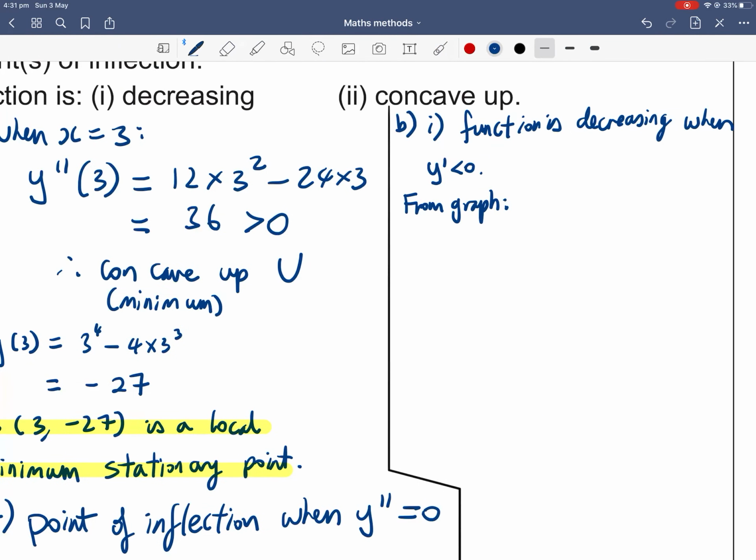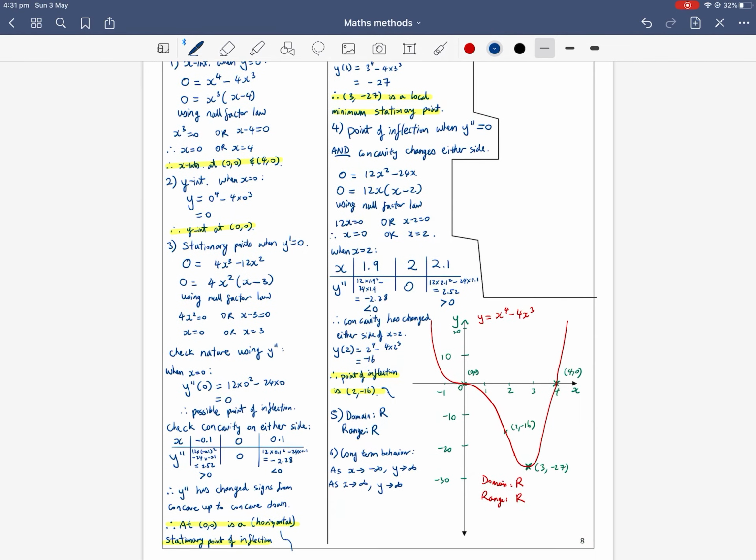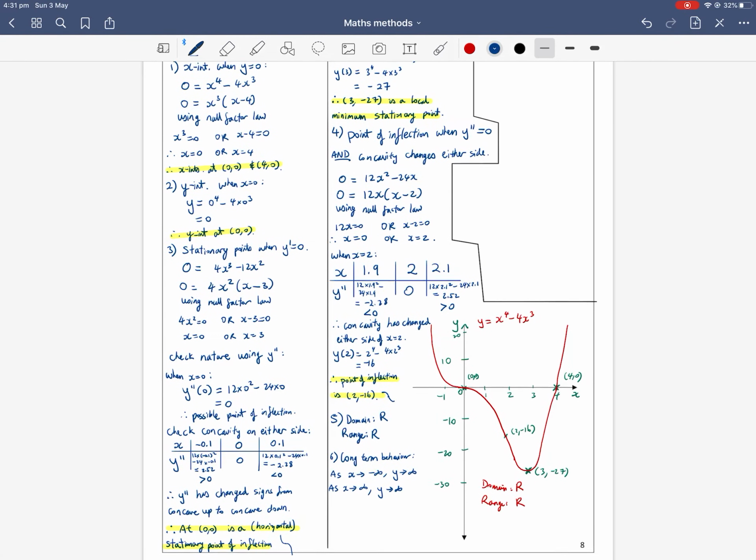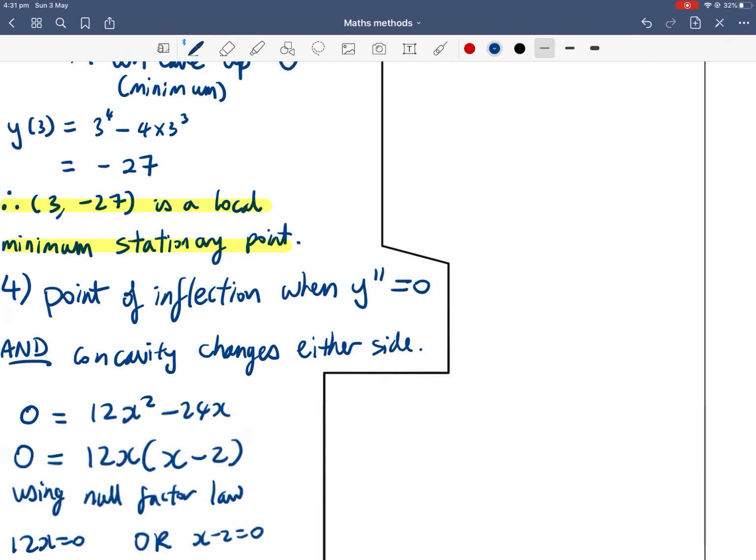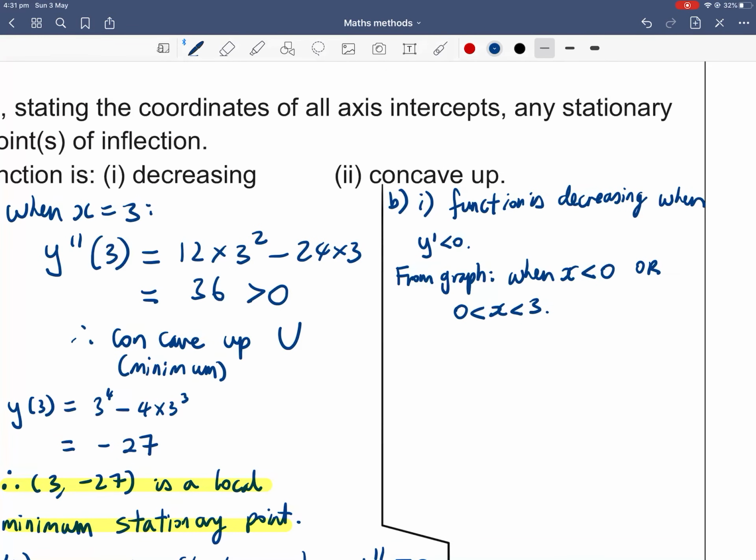So from the graph, that happens when x is less than 0, but not equal to 0, because when x equals 0, it is the stationary point, and that's when the gradient is equal to 0, not negative. Or when x is between 0 and 3. Not including 3, because 3 is the stationary point. That's when your gradient is exactly equal to 0 and not less than 0.